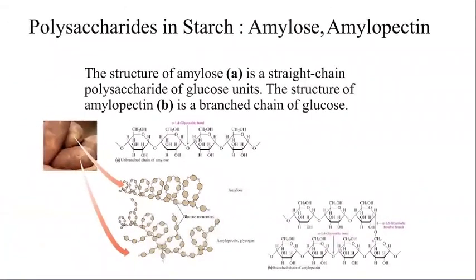So understand that in starches, we have two polymers, amylose and amylopectin, and the difference is that amylose doesn't have branches, amylopectin does. But when we consume them in our body, these are going to be hydrolyzed, and that's one of the ways that we obtain glucose from food.